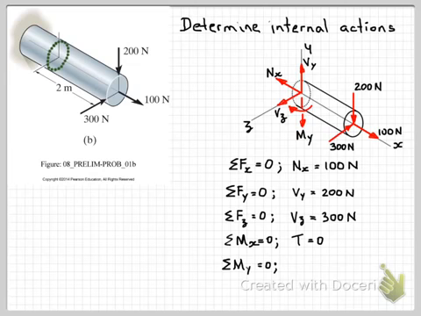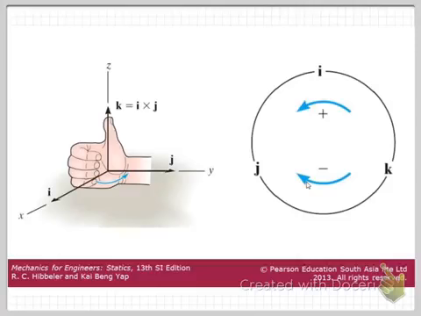So using the right hand rule, just a quick reminder of the right hand rule. Okay, so here looking at a right hand, if our moment is going around the axis this way, our fingers point in the direction of the turning, and our thumb points in the direction of the vector.